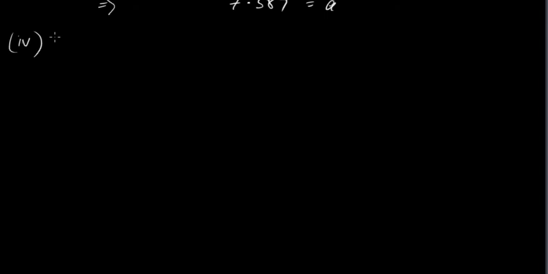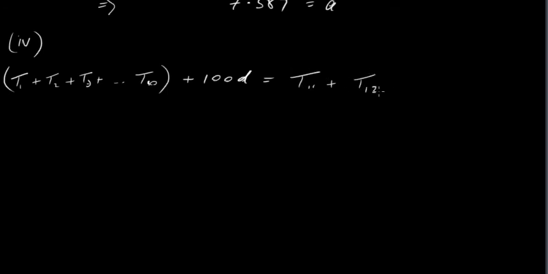So fourth part is to verify a particular equation is true. So what we're going to do here is look at T1 plus T2 plus T3 all the way up to T10 on the left hand side, plus 100D, is equal to term 11 plus term 12 plus all the way up to term 20.